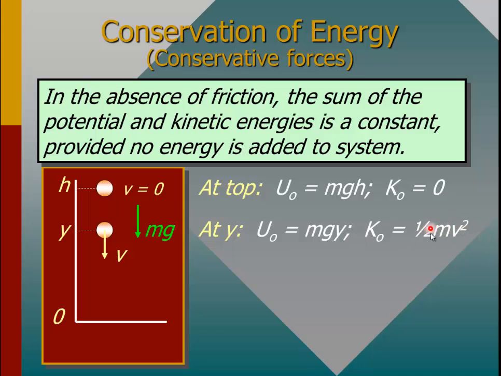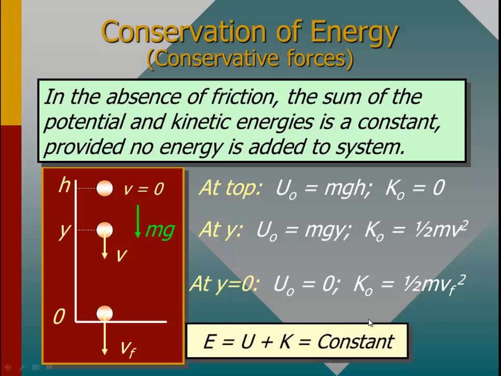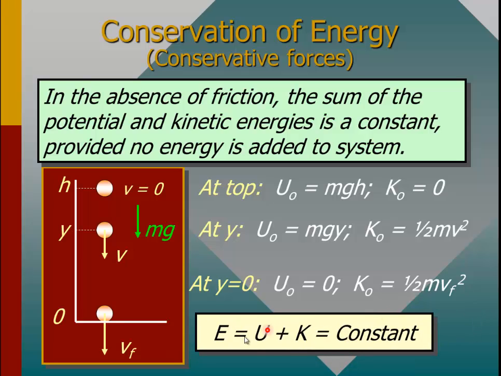Whatever velocity it has at that moment, it's going to contribute to the kinetic energy, and then the potential energy is going to be due to the height y. At the very bottom, there's no potential energy left, and all the energy has become kinetic energy. So the total energy of the system remains constant.